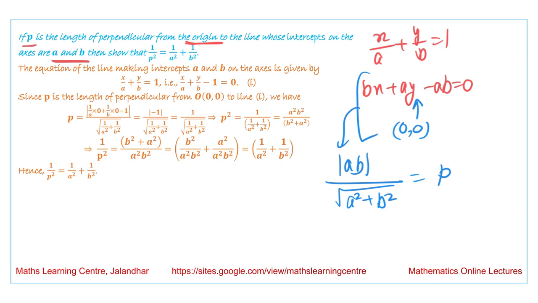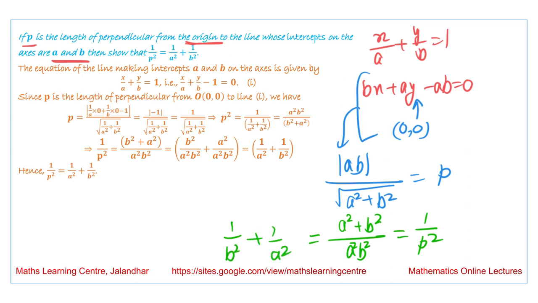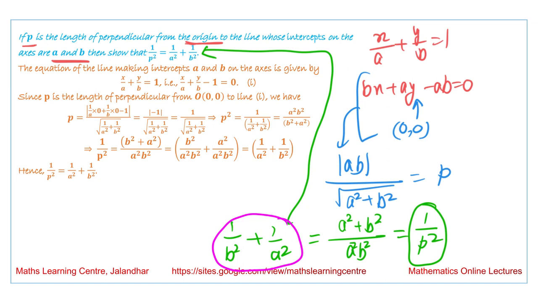So if we square both sides of this equation, we obtain a square plus b square upon a square b square, that is equal to 1 by p square, and this value is equal to 1 by b square plus 1 by a square, and this is what we have to prove, that 1 by p square is equal to 1 by a square plus 1 by b square.